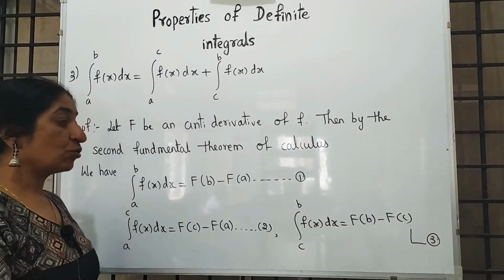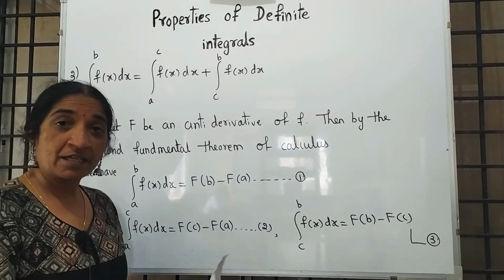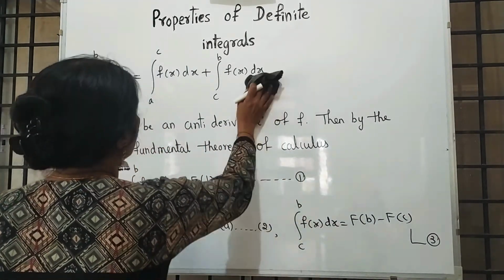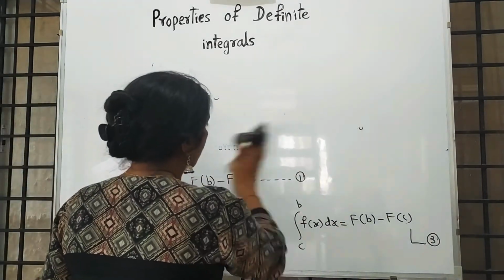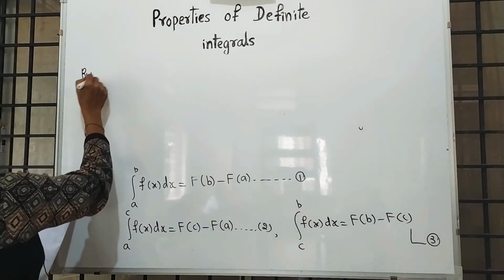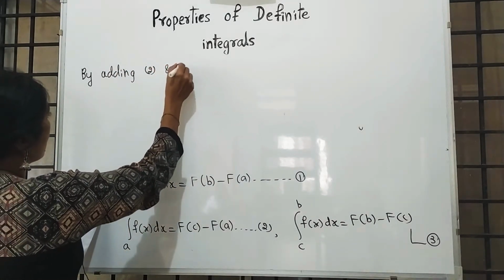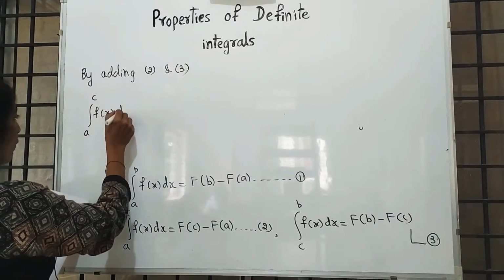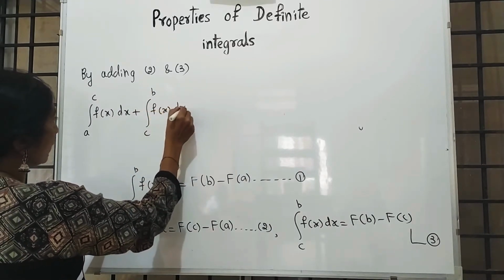Now adding equation 2 and 3, that means left side plus left side is equal to right side plus right side. By adding 2 and 3, integration from a to c, f of x dx plus c to b, f of x dx.